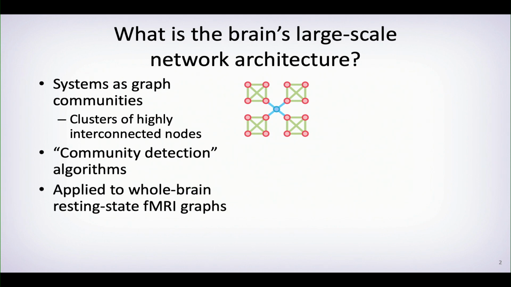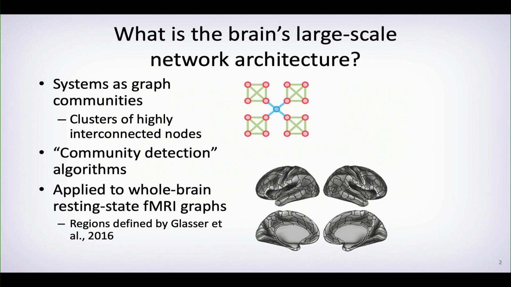And so we applied one of these algorithms to a whole brain resting state fMRI graph using this set of brain regions defined by Glasser et al. in 2016. And this is how the data come in after some pre-processing and calculating all the pairwise correlations.